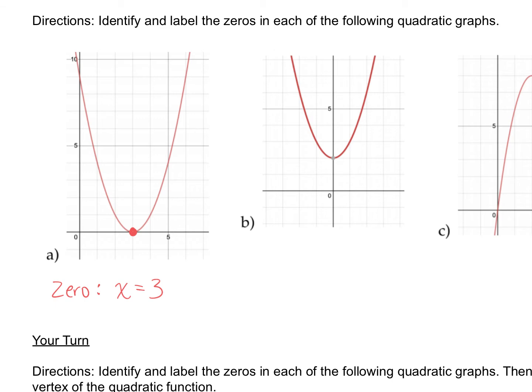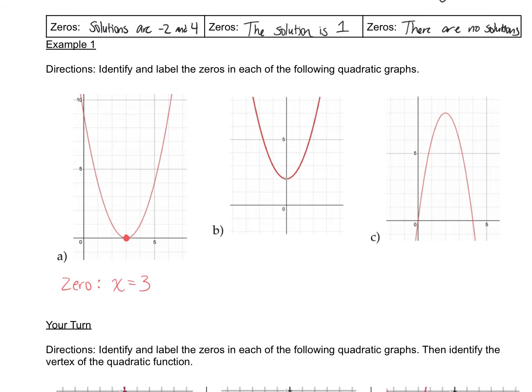For my next one, for b, what you'll notice is that it never crosses the x-axis, so this is one where there's no solution. And again, that happens whenever it does not cross the x-axis. Looking at our last example, I see a point right here and a point right here where it crosses the x-axis. So my two solutions would be at 0 and at 4.